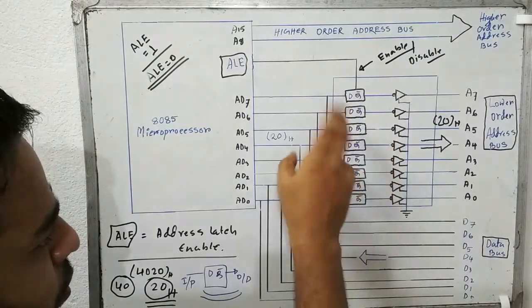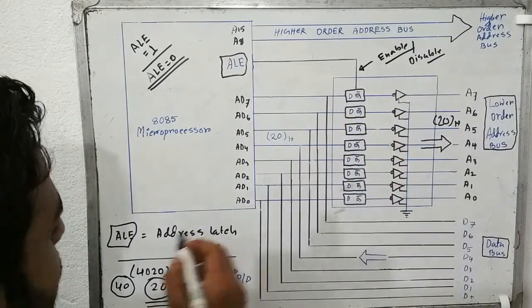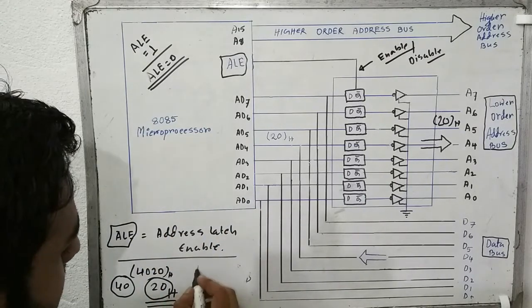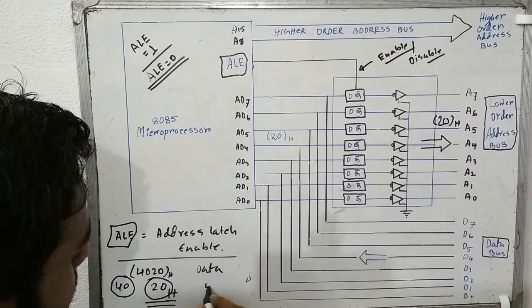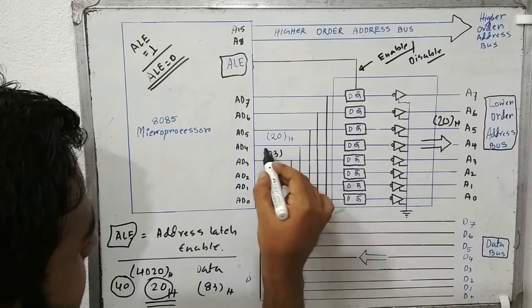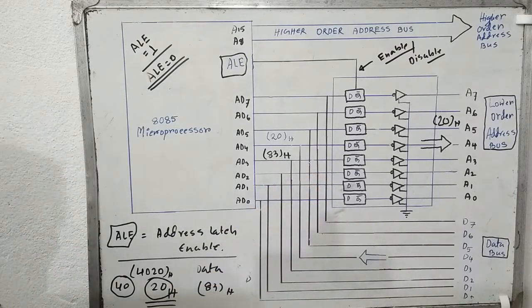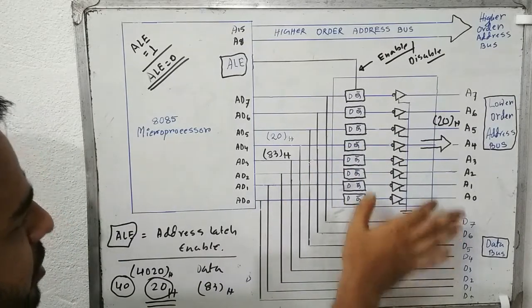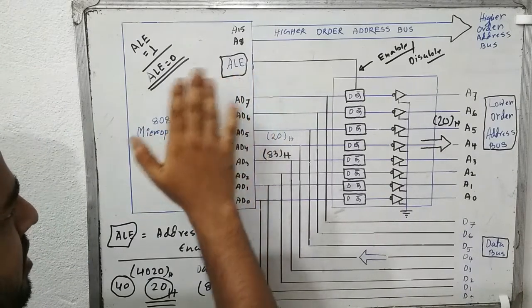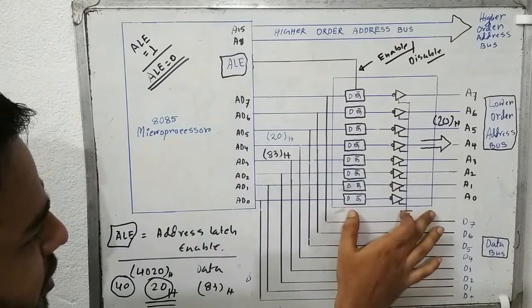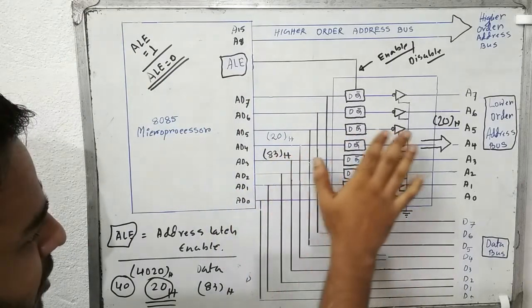Suppose the data is 83. So 83 is here and 83 is data. This data will not be allowed by the circuit because the circuit is deactivated, because the ALE signal was provided 0.